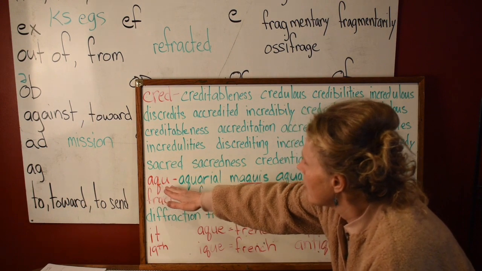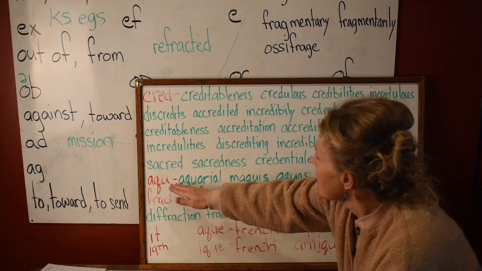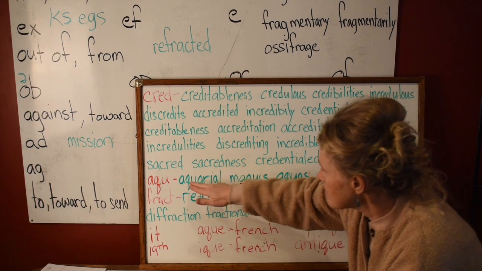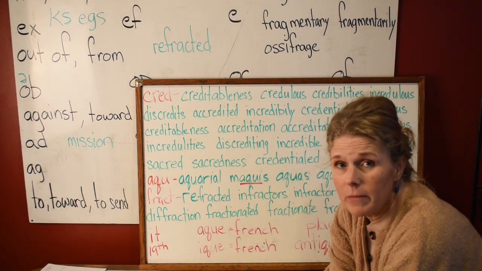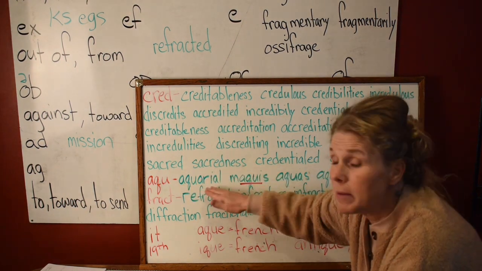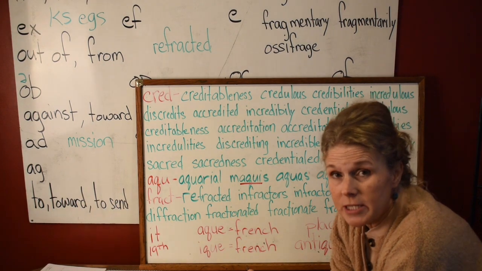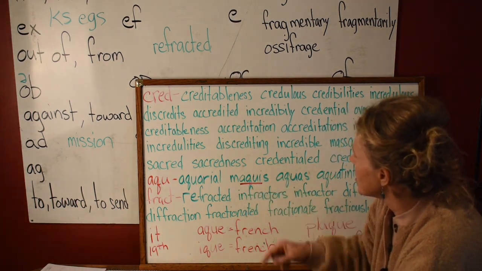Now, aqua, or aqua, okay, means water. Aquarial, this is actually a British word, and we have aquarium in the American language, and it's the same meaning, where it's a dish holding water, okay? But this can be really confusing.